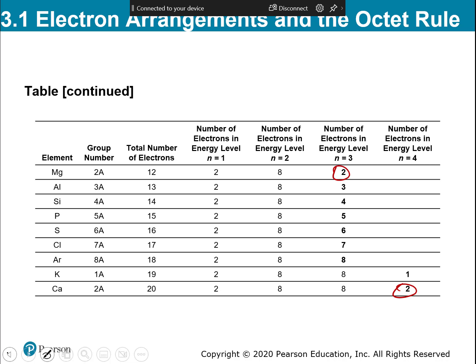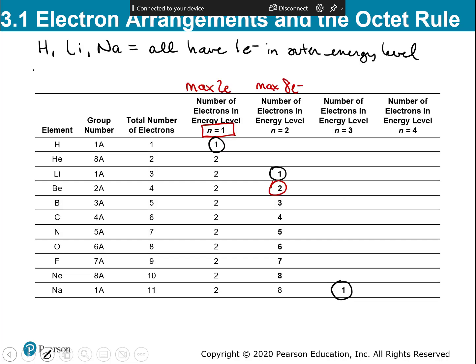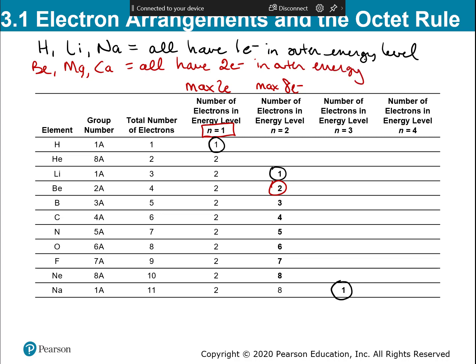So they all have the same. This outer energy level is the one that they found is responsible for forming chemical bonds.